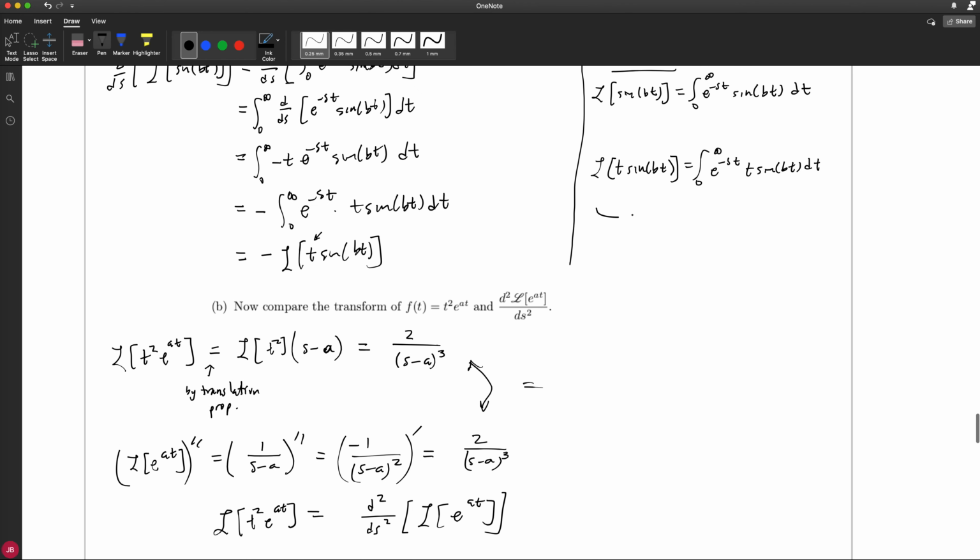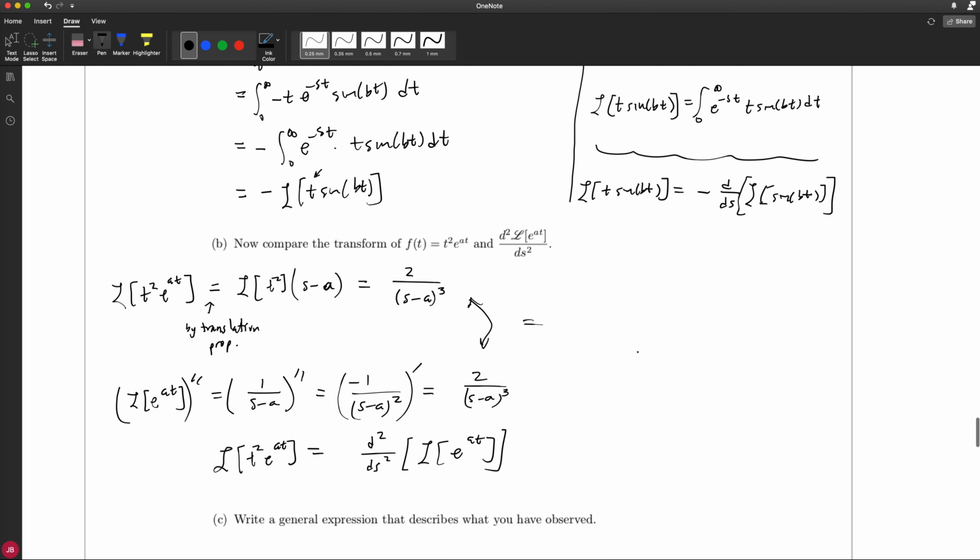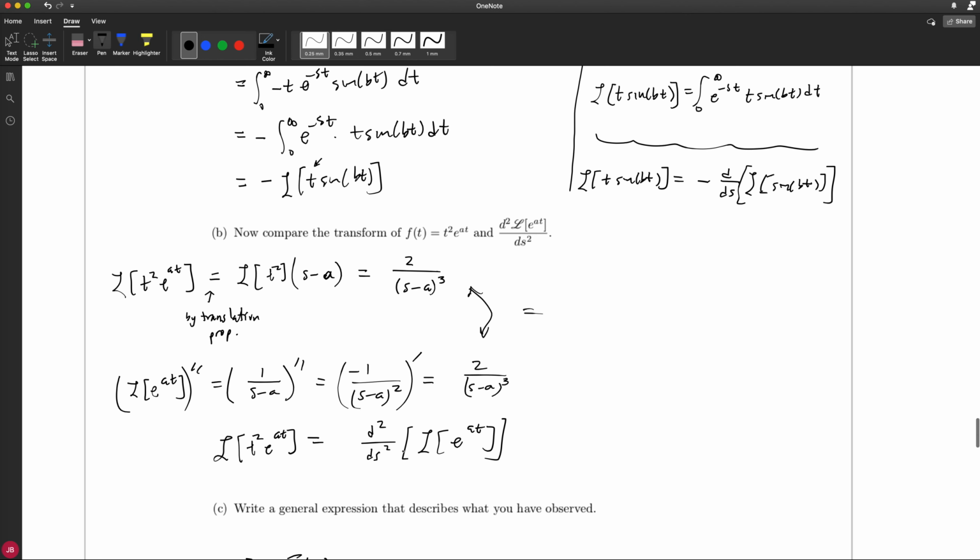We found that the Laplace transform of t sine bt equals negative derivative of Laplace of sine bt. So it looks like every time I do two derivatives, that negative sign goes away.